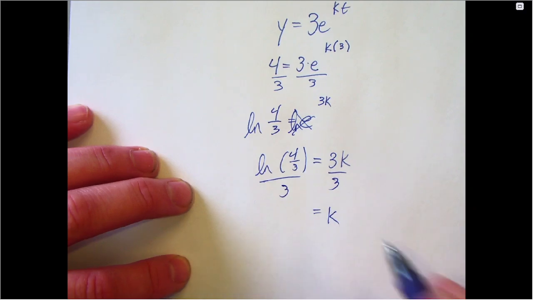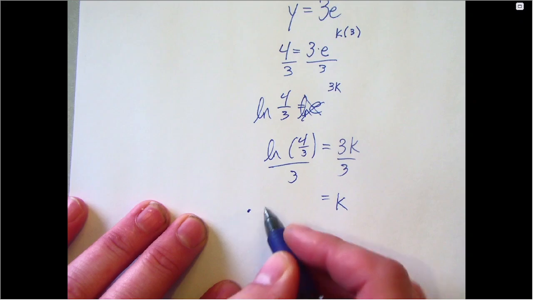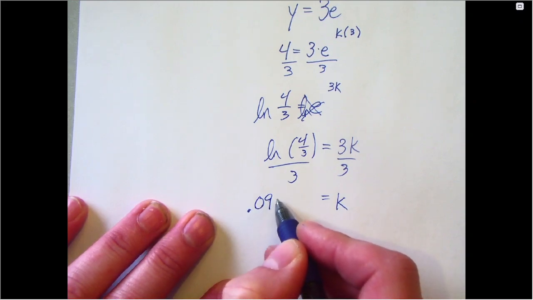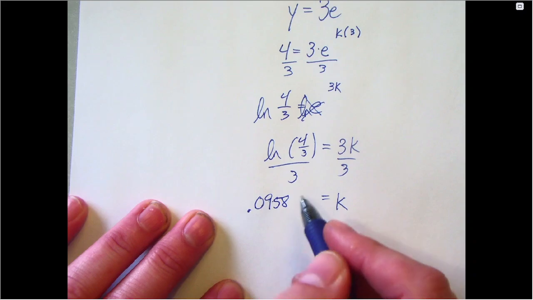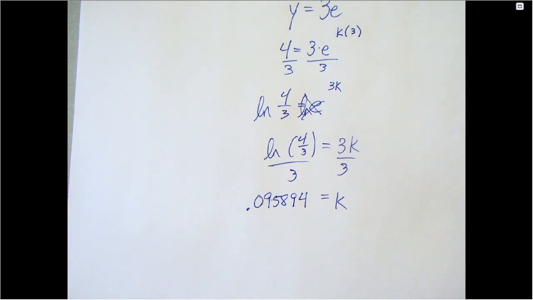And go to your calculator and let's see what that is. So I get, I'm going to write things down, but I'm really going to try to leave the value in the calculator. We can round to 3 decimal places, but that's at the end.